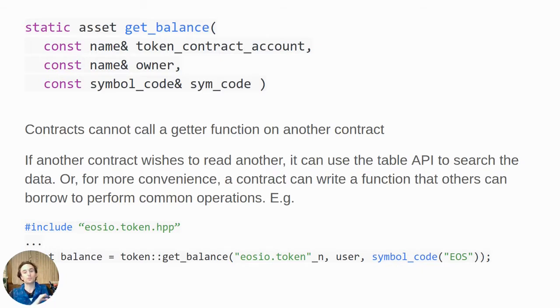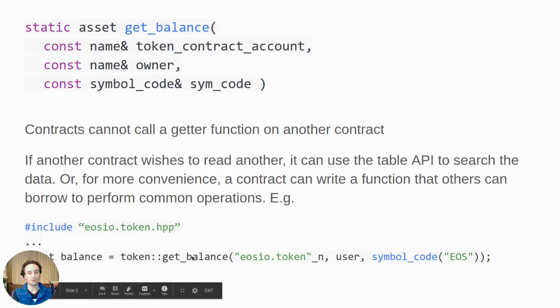So instead of having to write out all of the code to read another contract, you can use one of these statically defined functions and call that instead, and that's just going to do the work for you. So this will essentially look at that token contract, and it goes and gets the balance. That will look at the balance table in the token and return how much tokens they have.